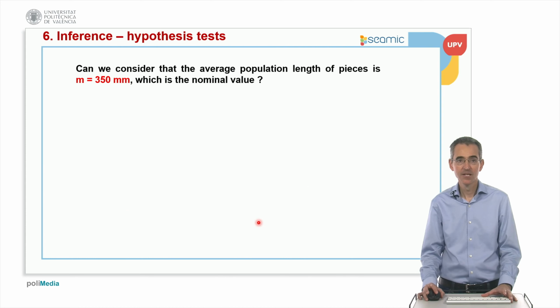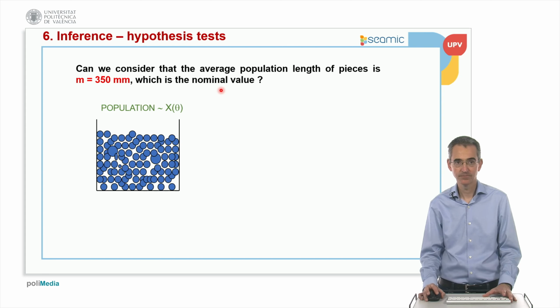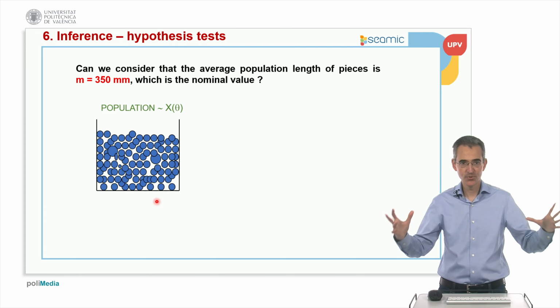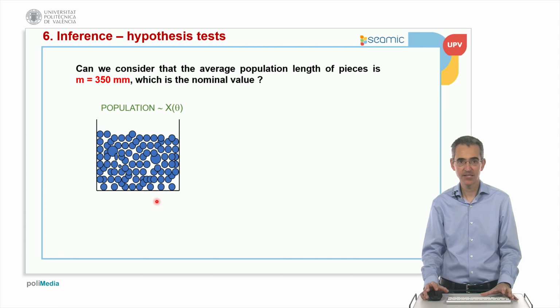Good. So now, thinking in an industrial process, the issue that we want to study is, can we consider that the average population length of pieces is 350 millimeters, which is the nominal value? Well, this is an example that appeared also in a previous video. Imagine that we have an industrial process that is producing something.